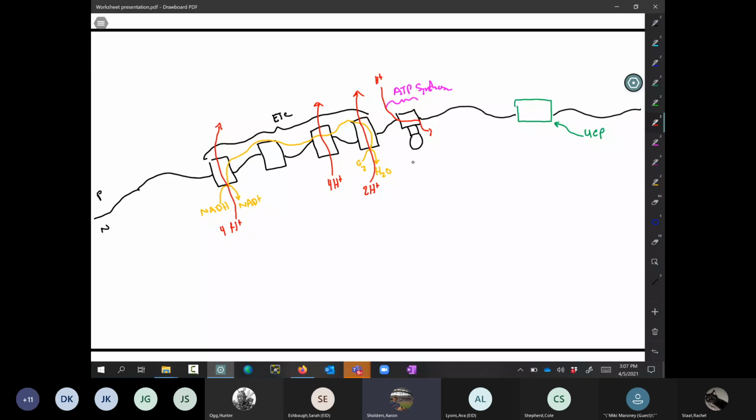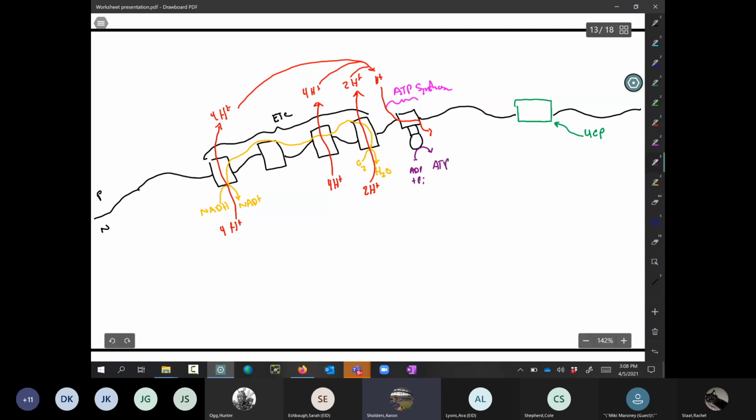Except I'm drawing this backwards. Let me do it right. ADP plus inorganic phosphate makes ATP. So these protons, 4, 4, and 2, will accumulate and start to move through this, and that will make ATP.